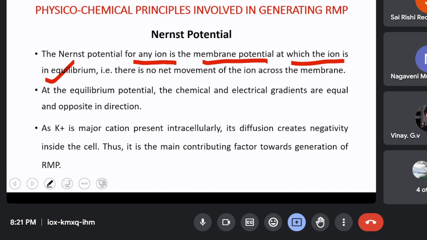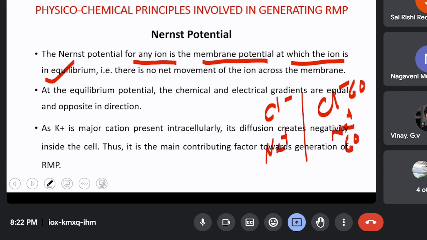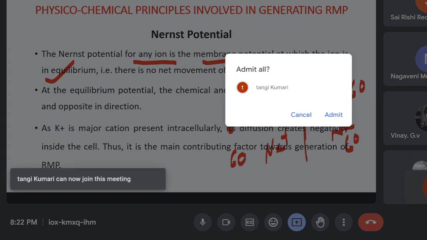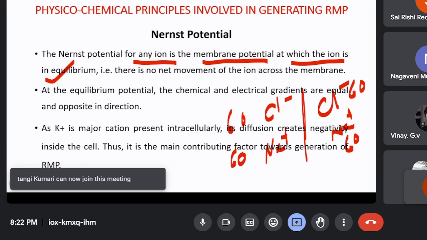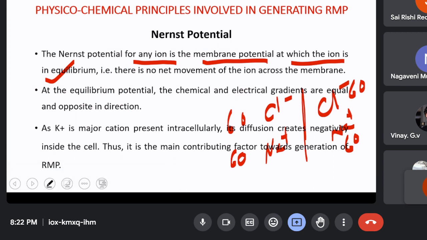I've told you before about chloride ions and sodium ions: when they are equal on either side of the plasma membrane, with respect to the charges or the concentration, whatever it may be, there is still a movement of ions even in equilibrium. If 5 ions go this side, as there is a change in the electrical potential, 5 ions come the other side.